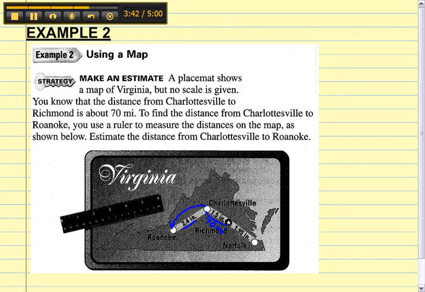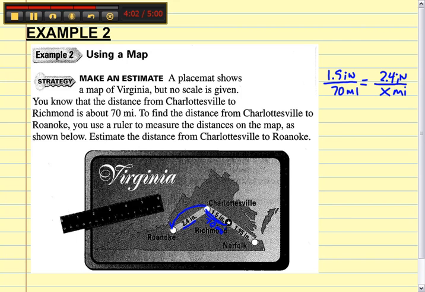Well, I know that 1.5 inches gives me 70 miles. We know that from Charlottesville to Richmond. How many miles, x miles, does 2.4 inches give us?